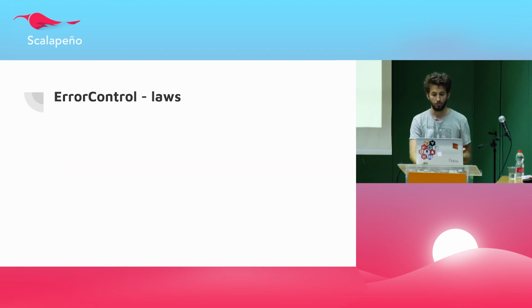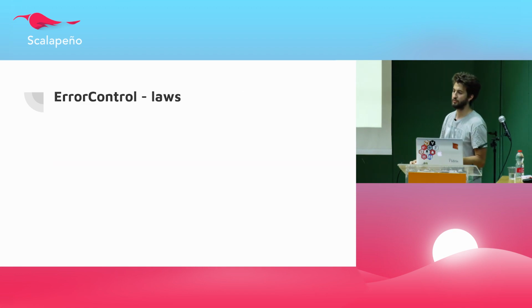Okay, so that's cool, but now we have to look at some laws, right? So we just described this behavior, but we also want to constrain it so that we only have instances that make sense.